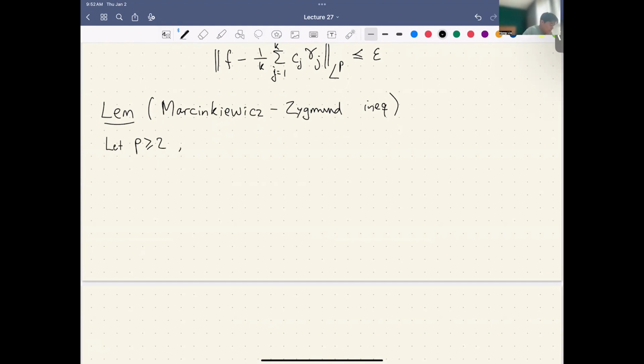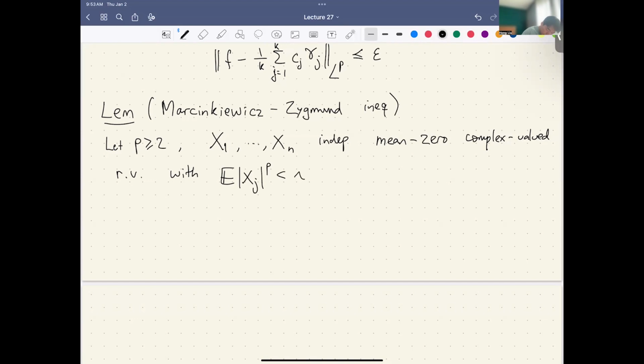And suppose we have x1 to xn, independent, mean 0, complex valued random variables, with the pth moment finite. Then what we have is this inequality.